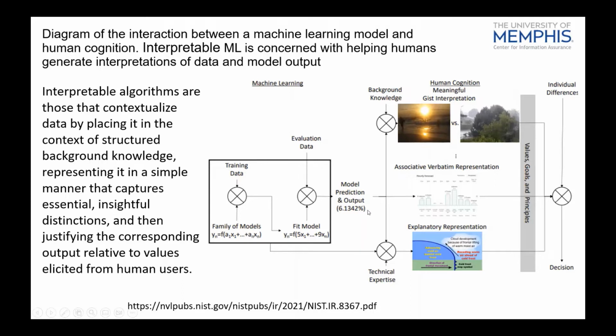So that produces some results, model predictions. Then how do you interpret it? You can interpret with technical experts, who just give an explanation of the presentation, what it means, in a more technical way. Or you can use human cognition with some background knowledge to show the environment in which it is being produced.